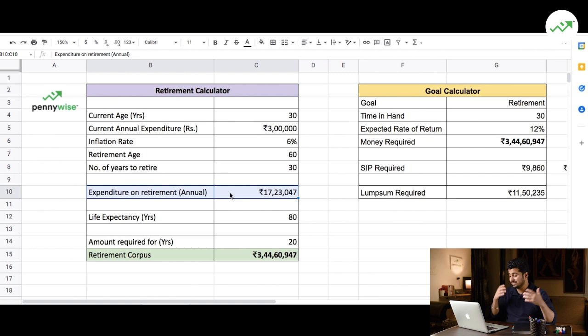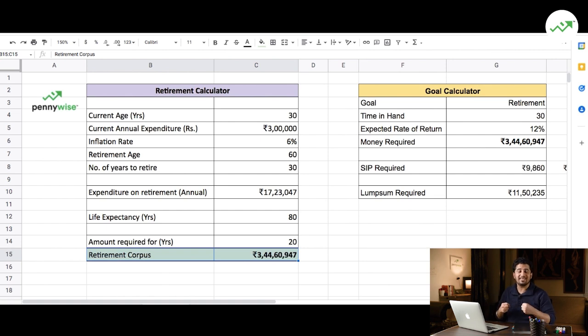And so I assume that I'm going to live till 80 years. So 60 to 80, 20 years. For these 20 years, I need enough money so that I can make sure I'm not financially dependent on anyone and I can take care of all my financial needs. So I need this money for a period of 20 years. 17 lakh 23,000 into 20 years gives me 3.5 crore rupees.